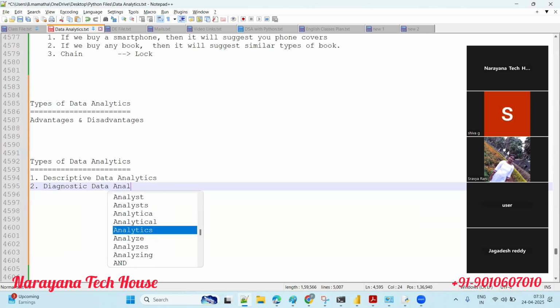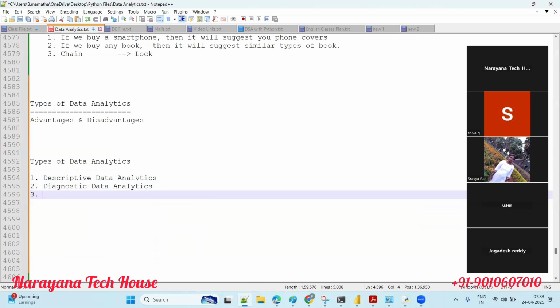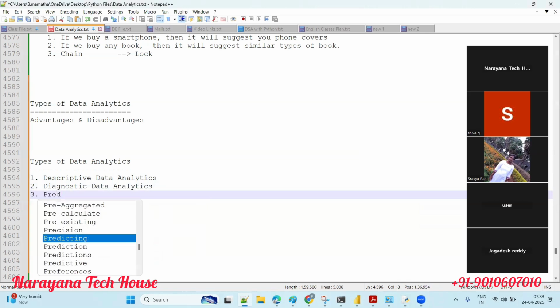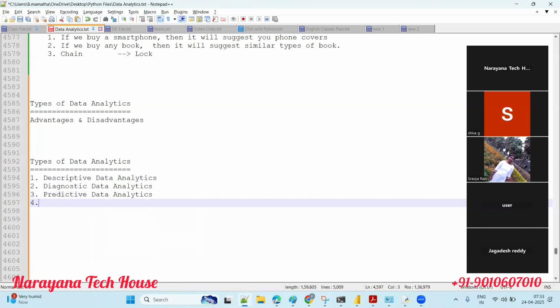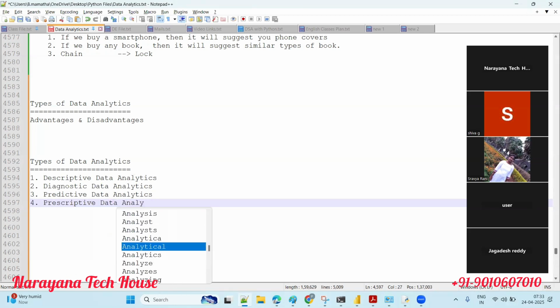The third one is predictive data analytics. The fourth one is prescriptive data analytics. That's all. These are the four different types of data analytics: descriptive, diagnostic, predictive, prescriptive.